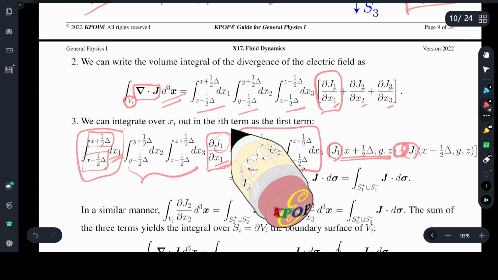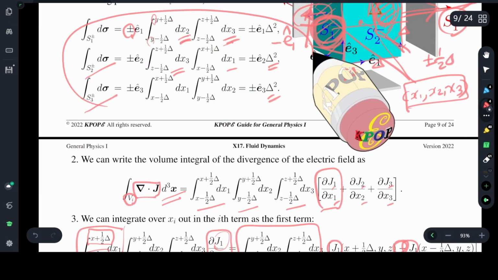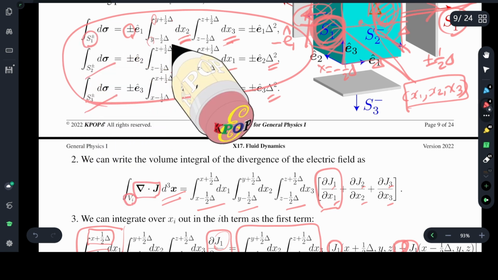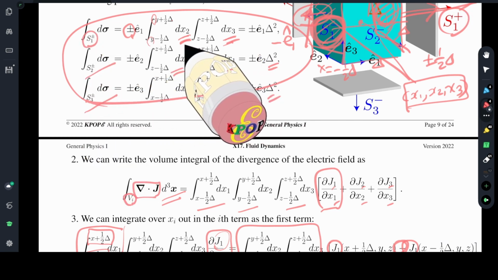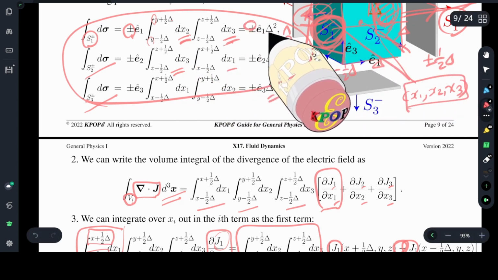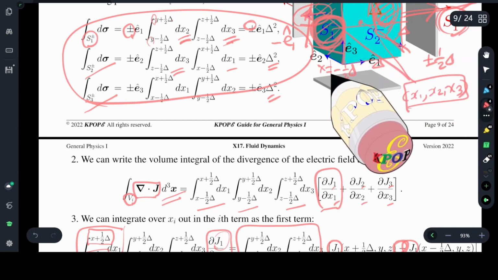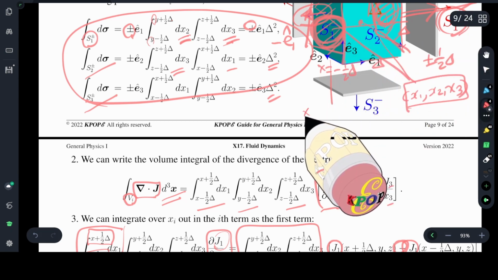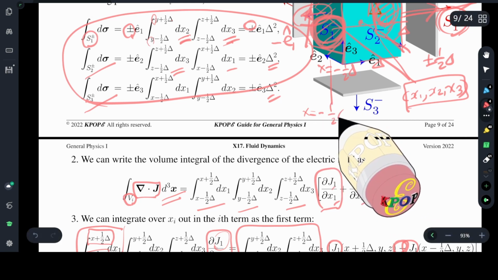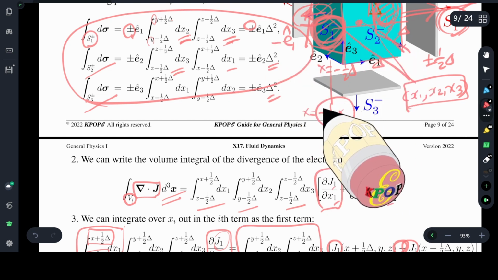However, if I return to the previous page, the surfaces perpendicular to the x-axis are positively directed on S1 plus, but at the minimum point, at x equals minus 1/2 delta relative to the center, it is the negative direction.